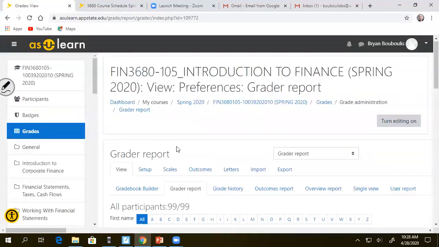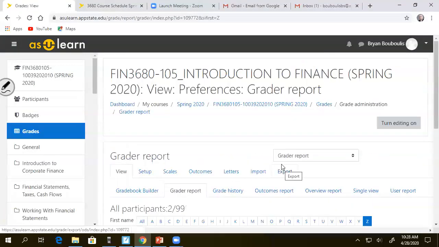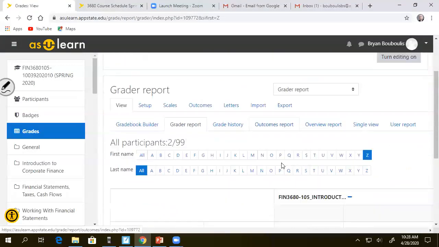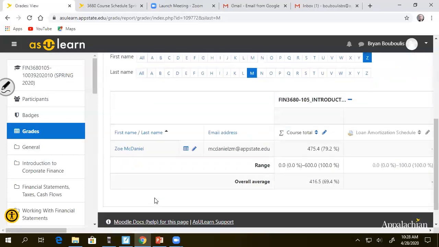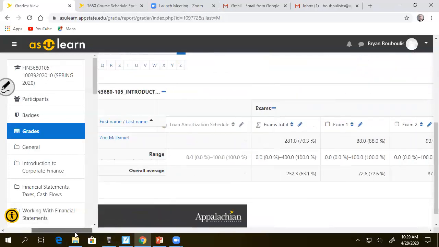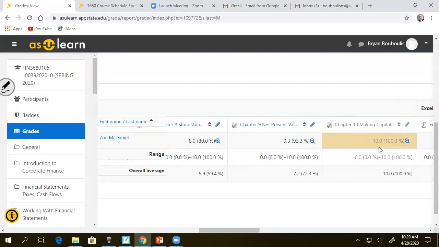Okay, part of what you see in here, if you go down, right there it is. Oh, okay. It's just not showing up on our thing.